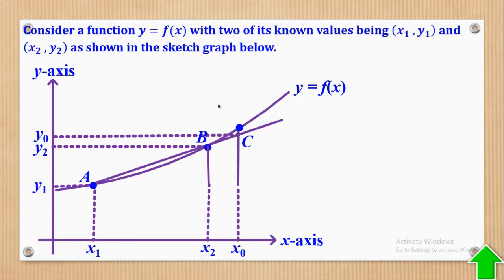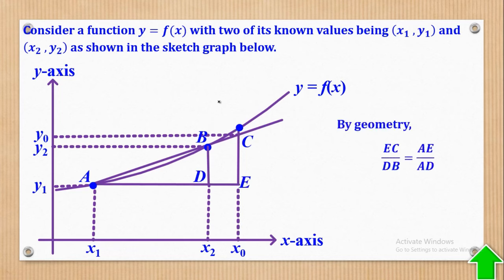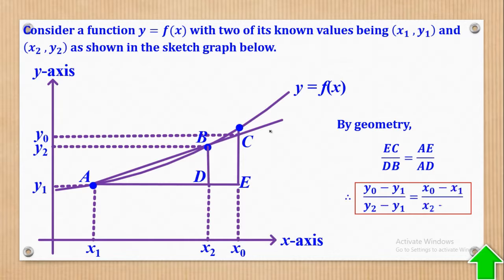So what we do is still complete a triangle, and then we use the knowledge of similarity as we used in linear interpolation, and we shall get the same formula as we got before. So the formula for linear interpolation and linear extrapolation is the same. Now the arrangement, you can choose to change it. For example, if I want to use gradients, I will say this over this is equal to this over this.